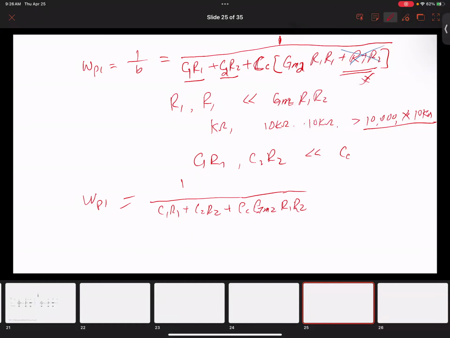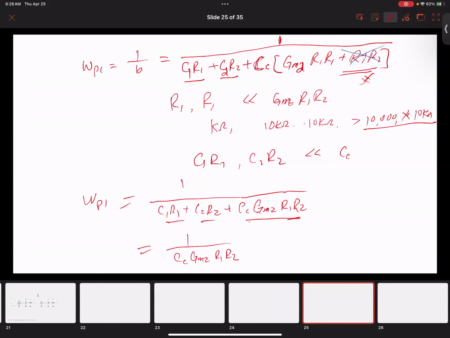And now we see that C1 R1 and C2 R2 is much smaller than this value. So therefore, you can further simplify this into CC times GM2 times R1 times R2.